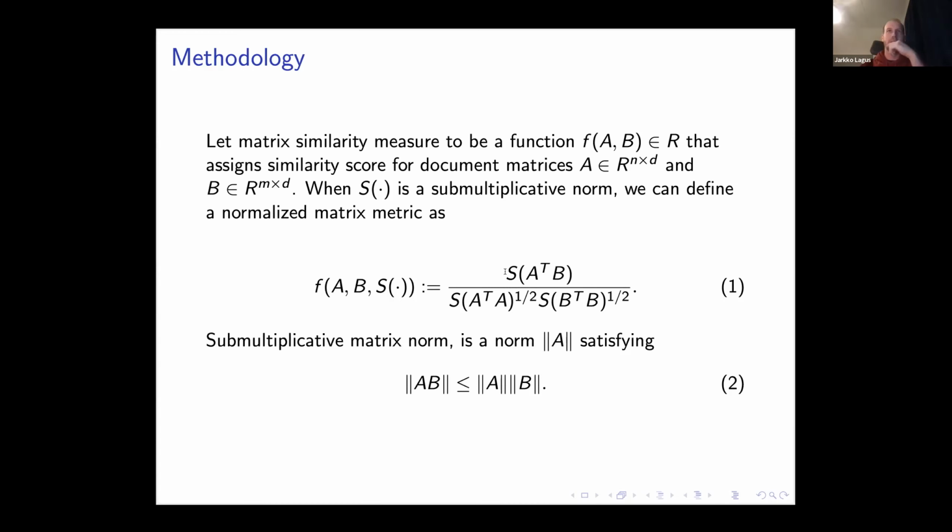If you have an inner product space with vectors, you can normalize with the vector lengths, which is the Euclidean norm. But here we don't define a specific norm. We just need it to fulfill this submultiplicative requirement.